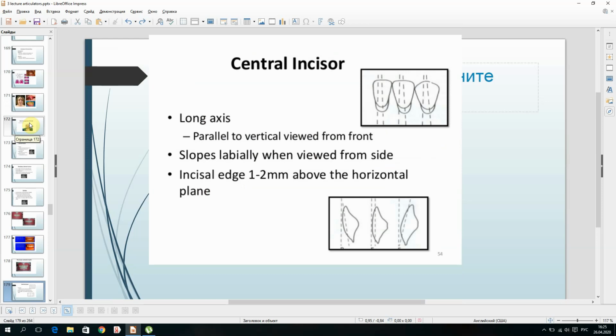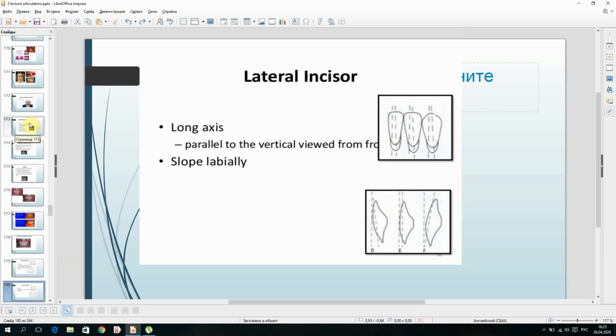Central incisor: long axis parallel to vertical when viewed from front, sloped labially when viewed from side. Incisal edge 1 to 2 mm above the horizontal plane. Lateral incisor: long axis parallel to the vertical viewed from the front, slope labially.